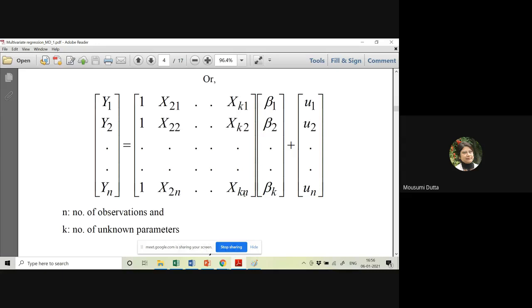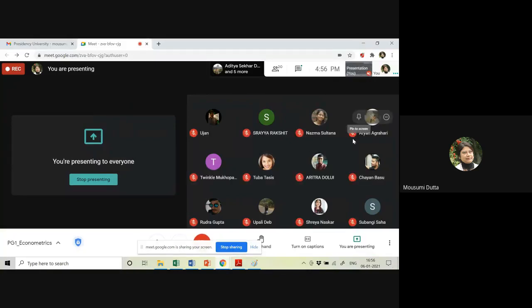Now, before moving further, anyone, would you please tell me what is the meaning of rank condition of any matrix? Nothing related to econometrics in general. What is the meaning of rank condition? Anyone? Shubhangi?